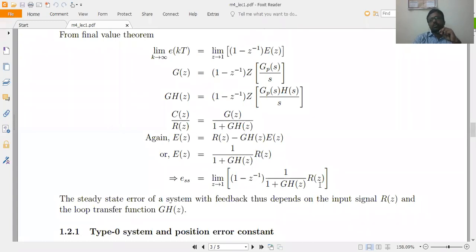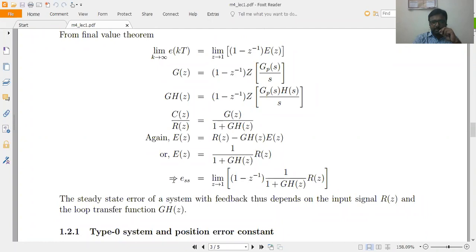with a feedback H of z. Simply, this particular steady state error depends upon the input signal R of z and a feedback loop that is GH of z. The steady state error simply depends upon the input function R of z and a feedback loop that is nothing but GH of z.